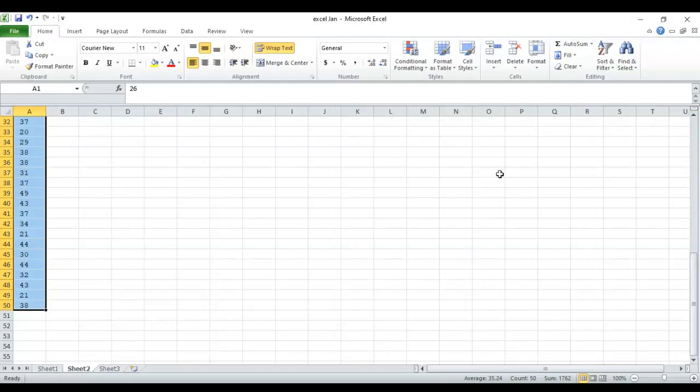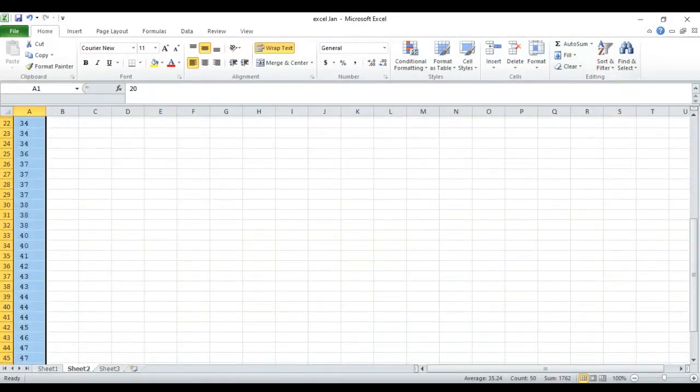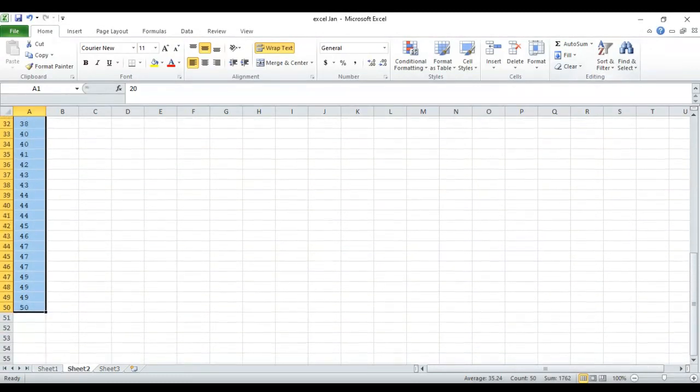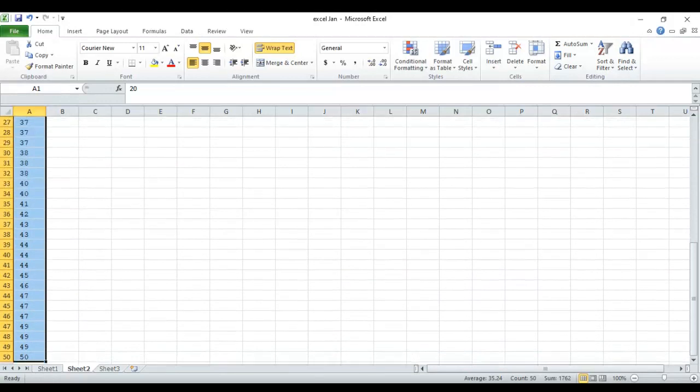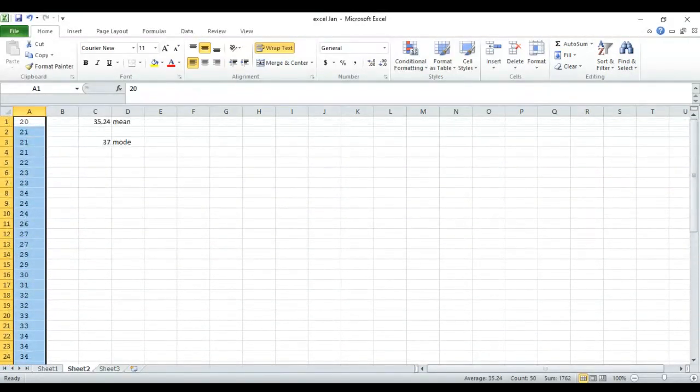Now, you didn't have to do that for that exercise, but I'm going to come over here to sort, and go sort smallest to largest, and it will automatically do that. So then I can see 37 is used 4 times, and it doesn't look like any other number is used 4 times. So, okay, that's good.